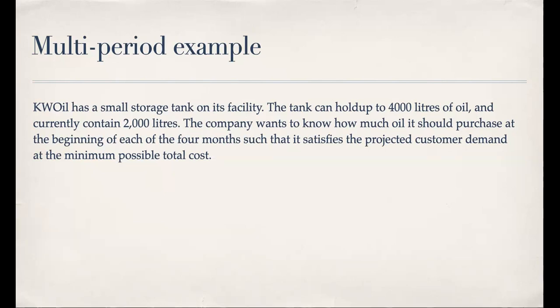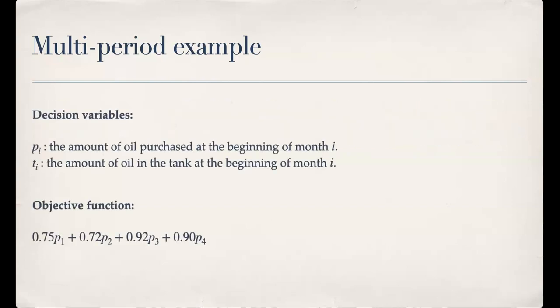but we have to write the cost as a function of our decision variables, right? What do we have for decision variables? Well, the amount of oil purchased at the beginning of each month.